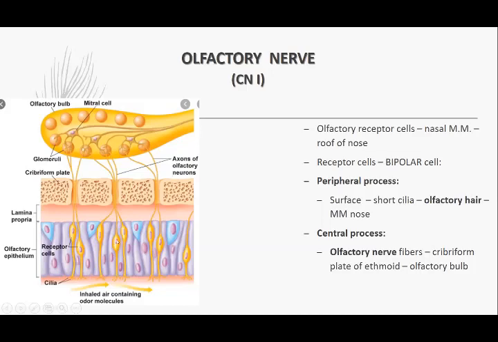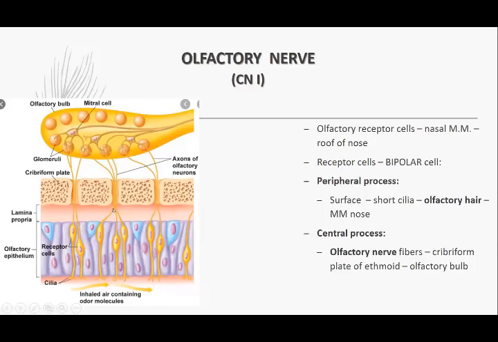The other process of this bipolar cell is the axon. Bipolar means two poles. From one pole arises the dendrite, from which the olfactory hair or cilia arise. The other process is the central process, the axon.